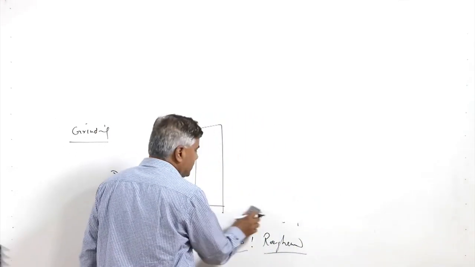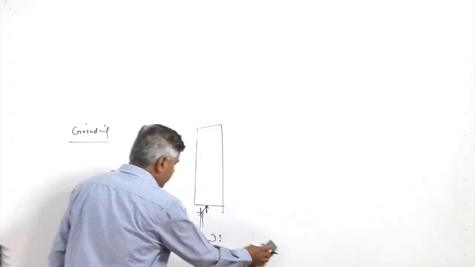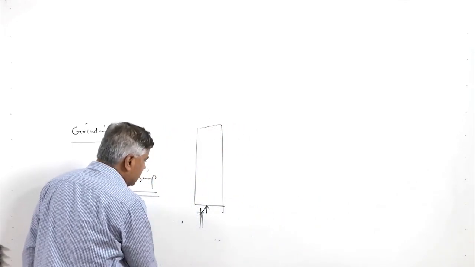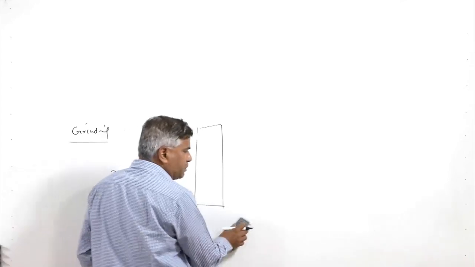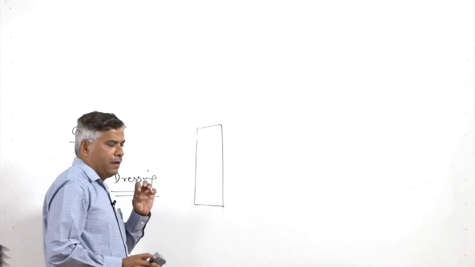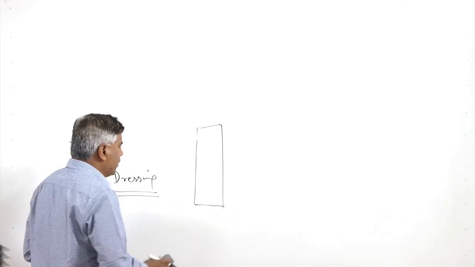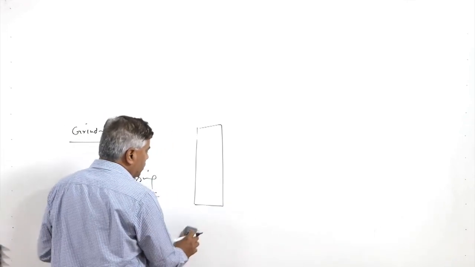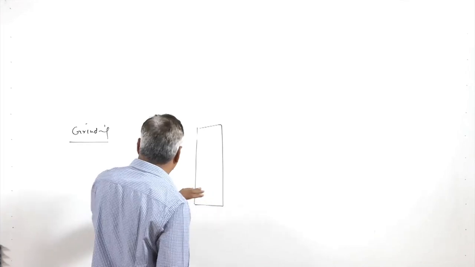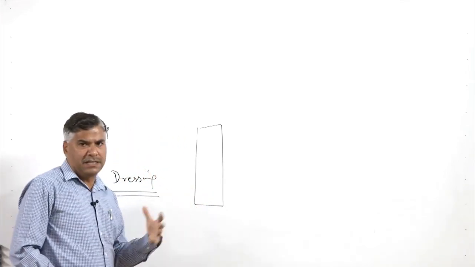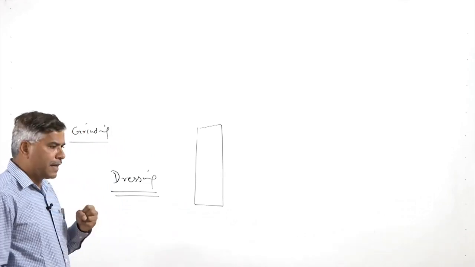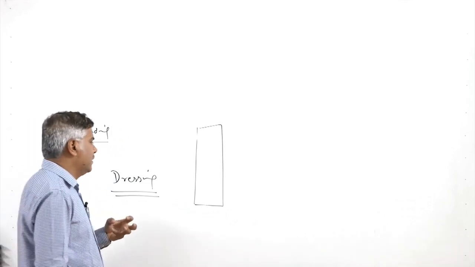So, dressing means making the surface of the wheel rough with the help of either a high speed rotating grinding wheel or a diamond shaped cutting tool which is pressed against the surface of the wheel, so that the clogged metal is removed and fresh cutting grains are exposed.